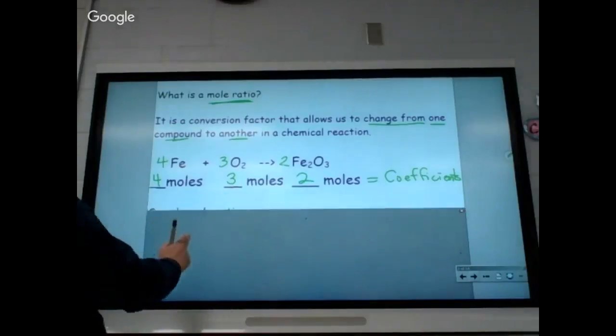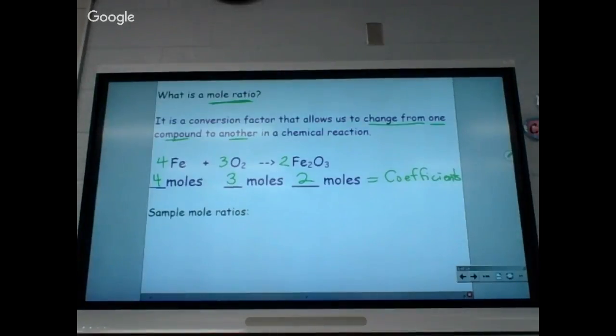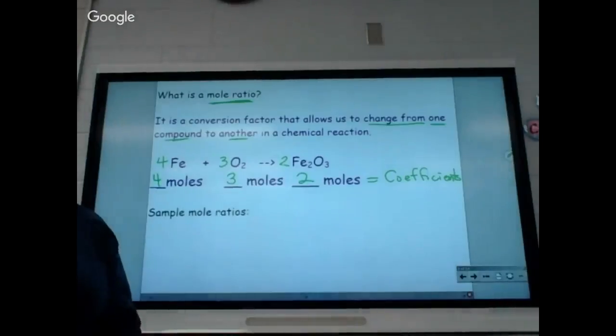Okay. So, if I want to write a mole ratio, it's just a fraction. So, pick something in the equation you like. Xavier, give me one of those elements or compounds. Iron, oxygen. Oh, I just didn't hear you.